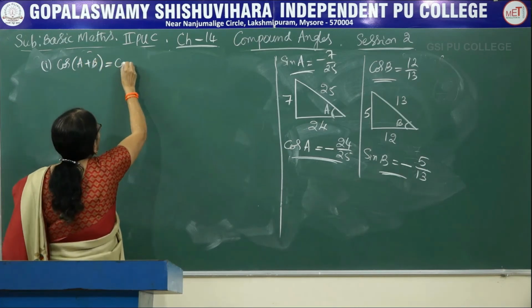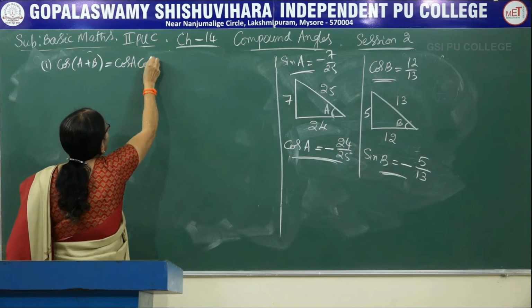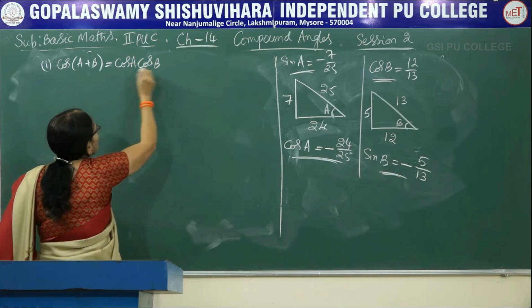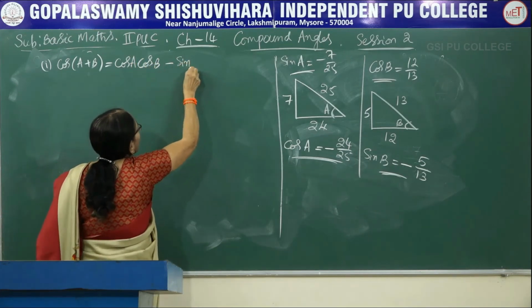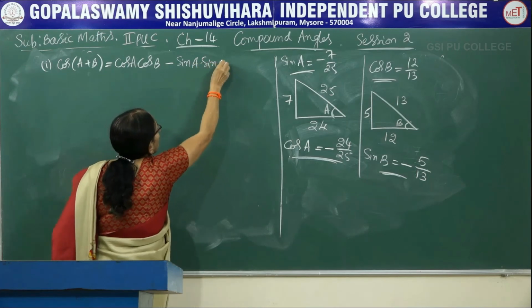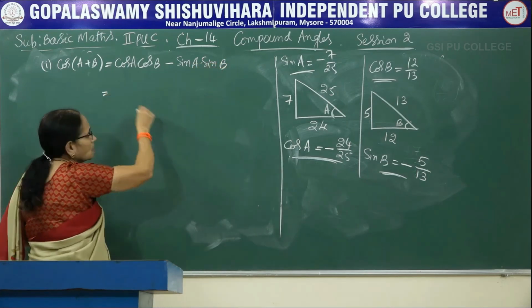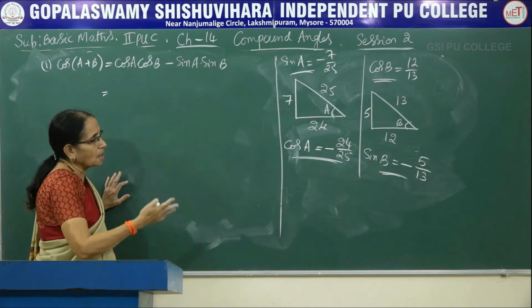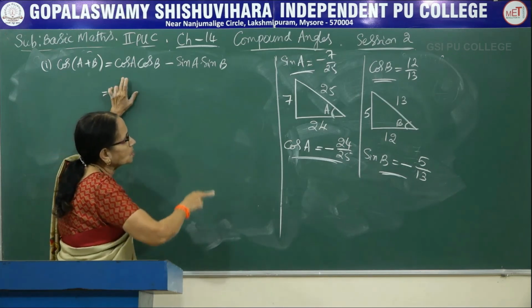Write the expansion. Cos A into cos B, here plus means here minus, sin A into sin B. Now look at the data and the calculation. Cos A, what is cos A?